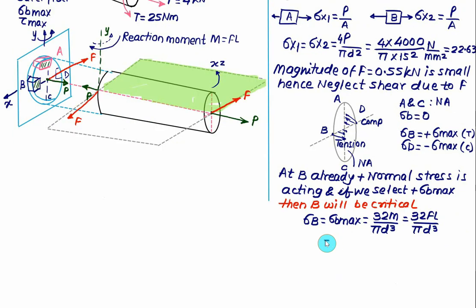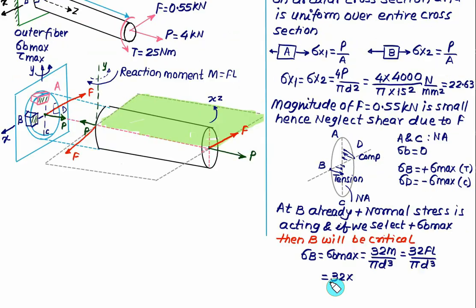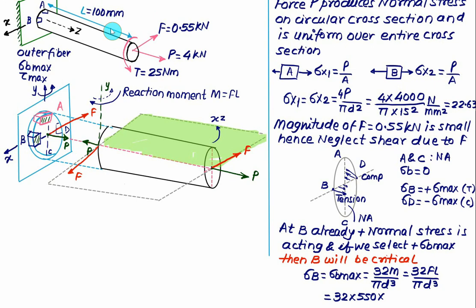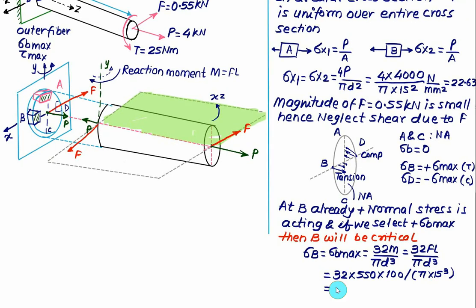That is, we have 32, force F equal to 550, so 550 multiplied by length, length equal to 100, divided by pi, and diameter equal to 15 cube of it. So this will give you the bending stress. This value is equal to 166 megapascal.